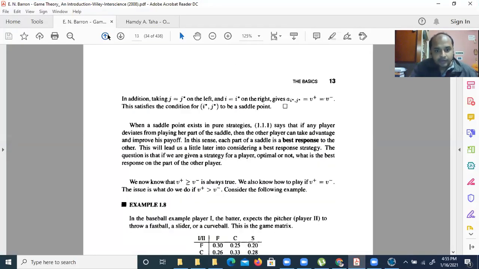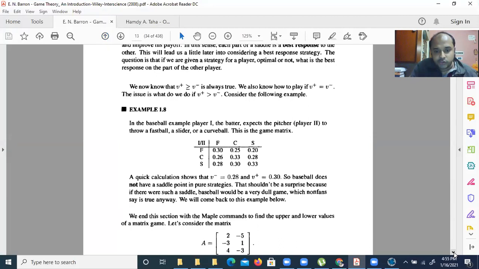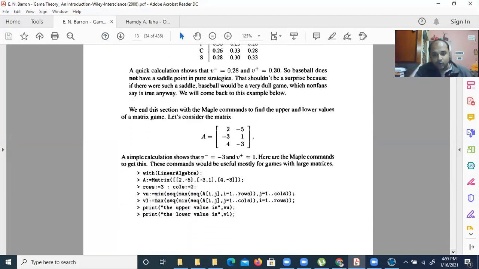Okay. Now you see one thing. Page number 13. Actually, I have typed the code from here. I have written the code from this particular book. So the code is already there with you. It is a Maple code.